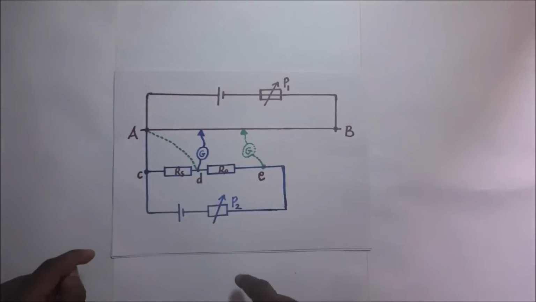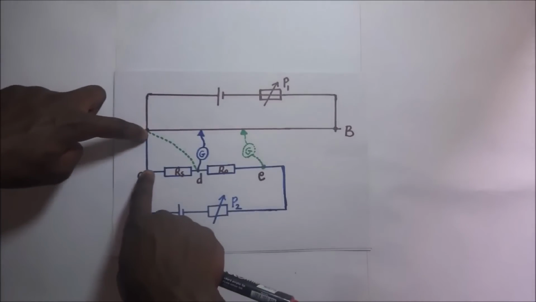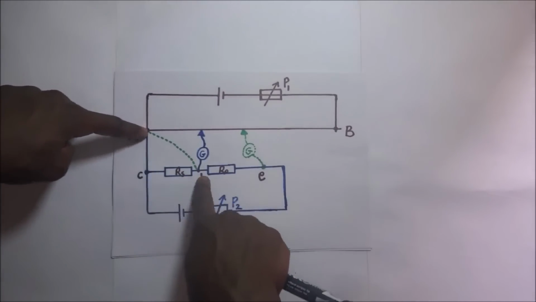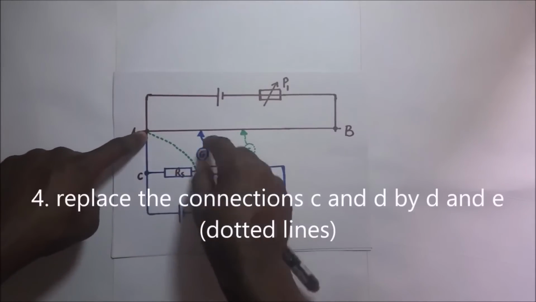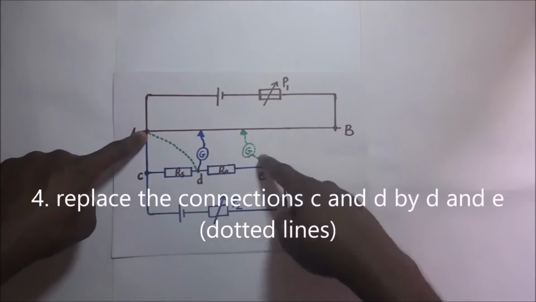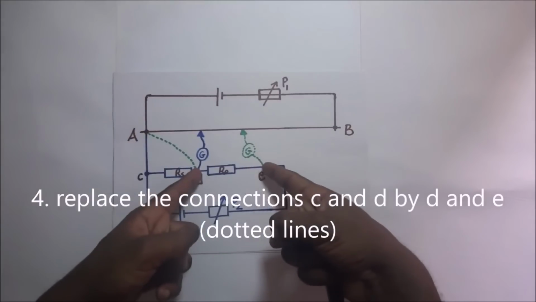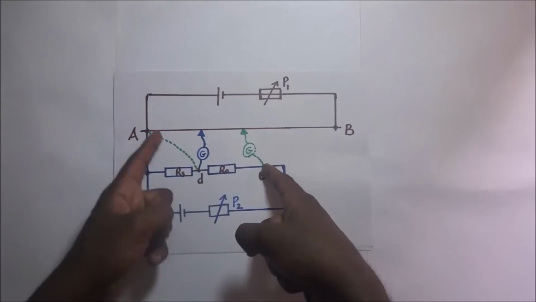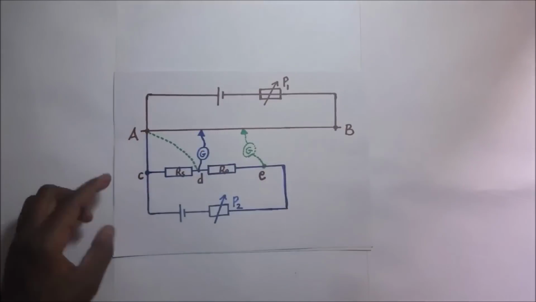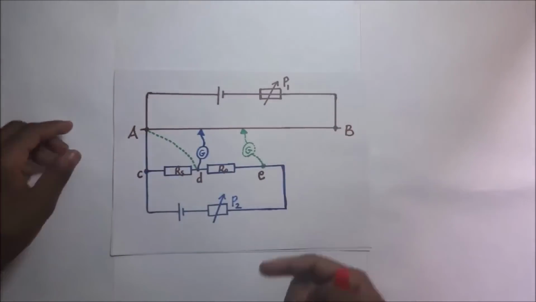So after that, we'll go ahead and shift our connections. This wire SC will be shifted, and now A is connected to D. Then this galvanometer is shifted from connecting to this portion to that portion, so that now we balance the potential difference across this resistance, whose resistance we do not know, against that wire AB. If I may redraw this diagram, this is how it would look like.